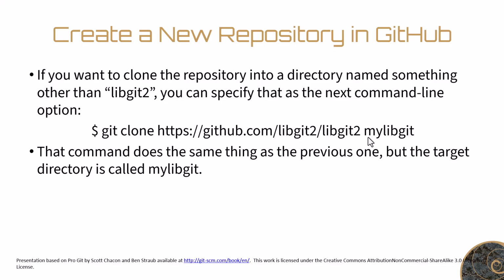But if you wanted to use a different name, you can add that directory name, and you can rename and customize what it ends up being on your machine. This doesn't change what's on the server. It just puts it in a different directory on your machine if you need to for some reason. Typically, that's because you may be bringing down a second version of the library and you use a second name.